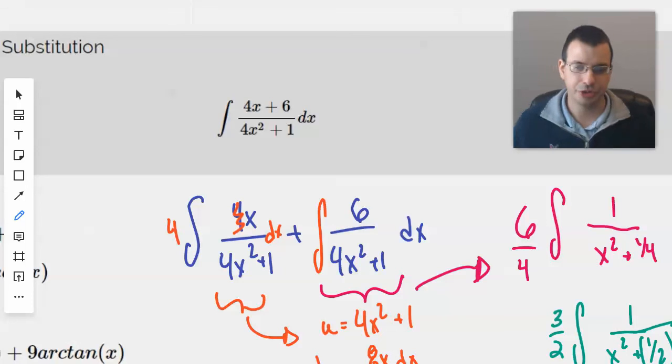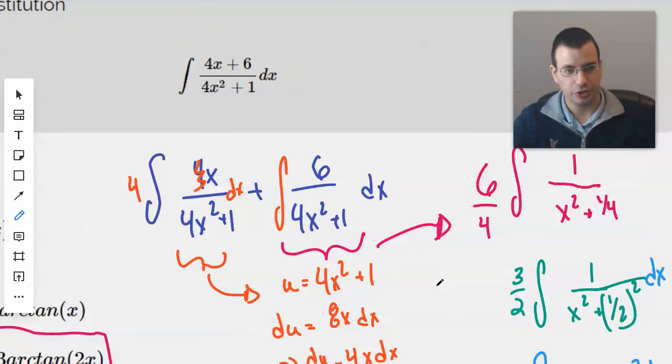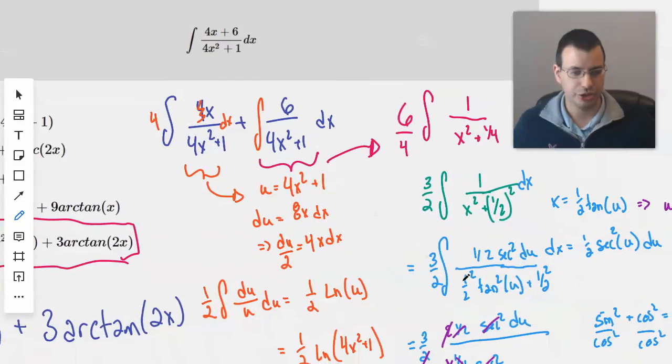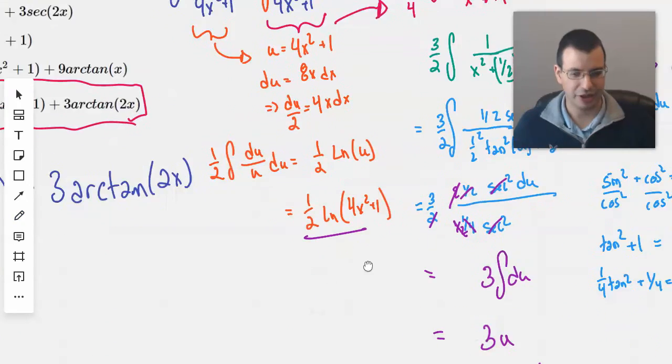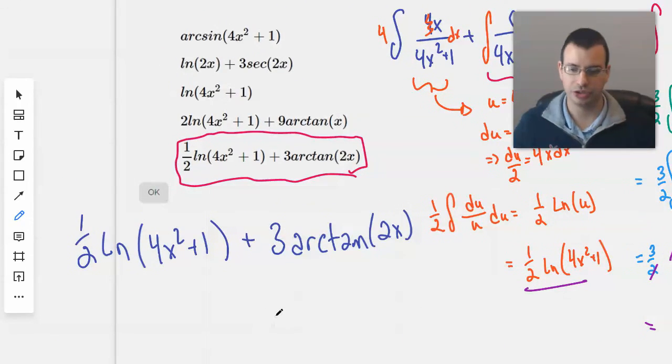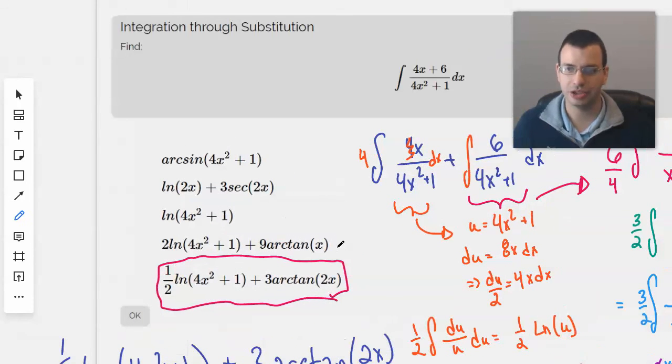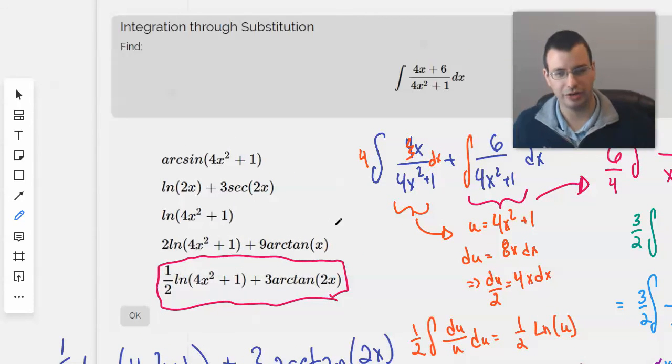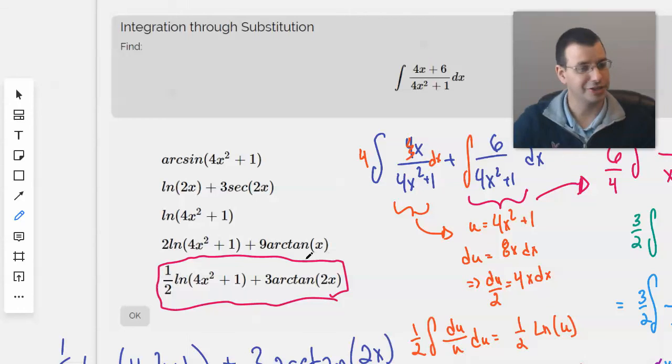Since it was 2 squares added to each other without a square root, that was x equals tangent of u. And we went through it, we solved it, and used some trig rules, and everything worked out, and we got a large, complicated answer, which turns out to be correct, which is good. And that is how you solve that problem with a trig substitution.